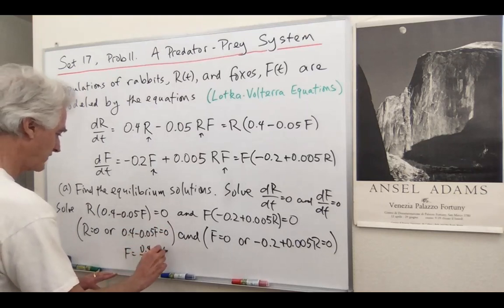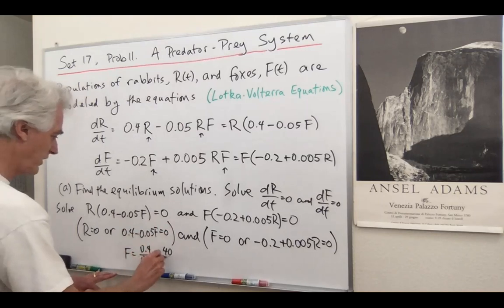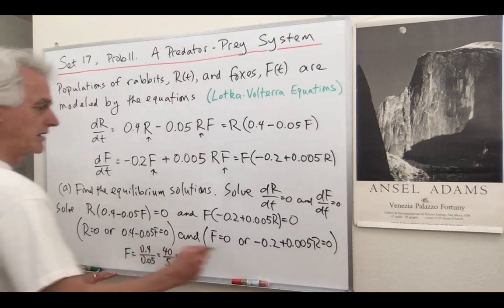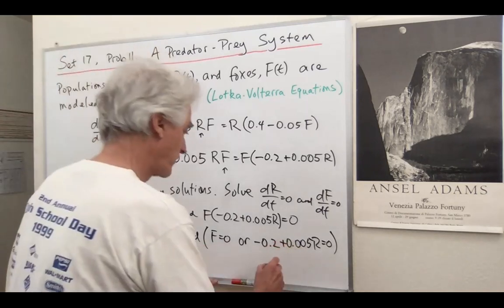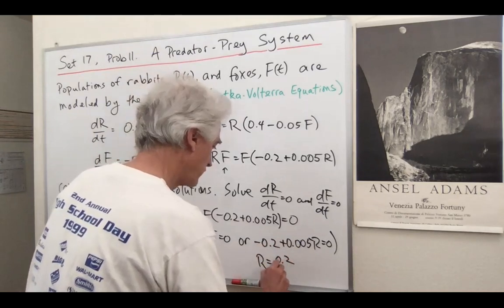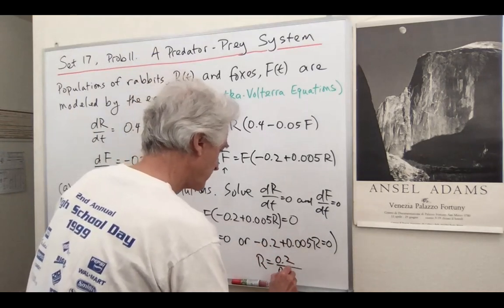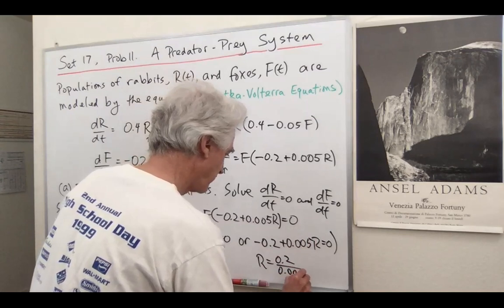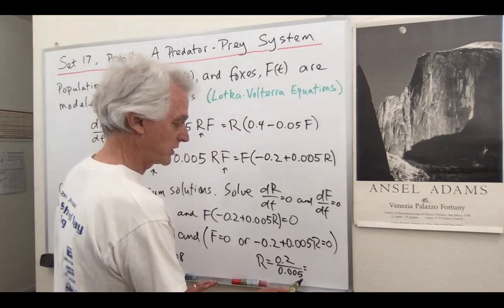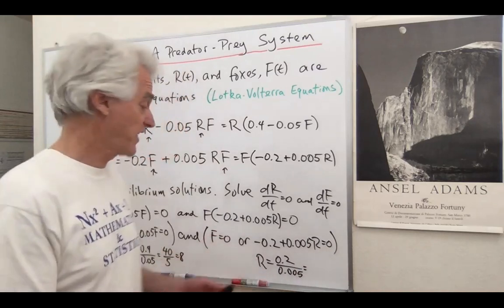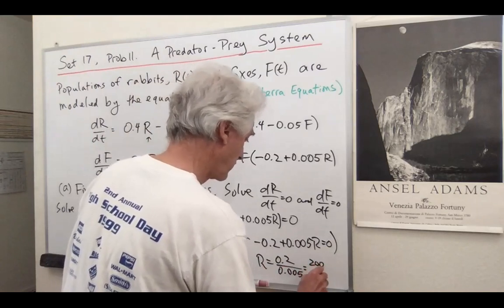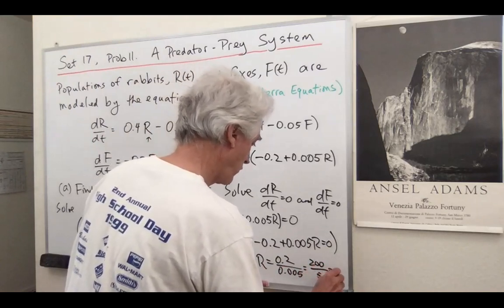Move the decimal over twice, I get 40 over 5. That's 8. And then what is this? I can solve this one for r. I get r is plus 0.2 over 0.005. I have to move the decimal point over 3 places, multiply top and bottom by 1,000, move it 1, 2, 3, I get 200 over 5, or 40.